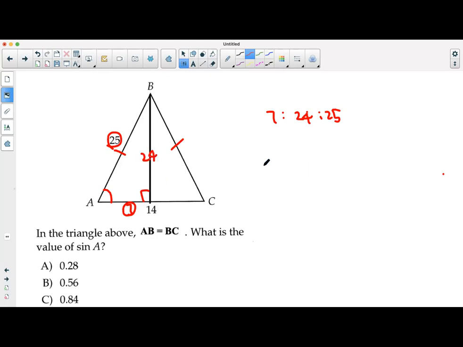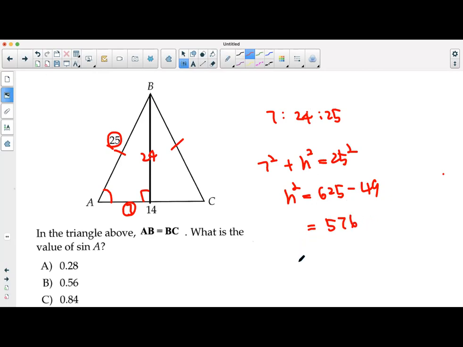What if you didn't know? Then you would have done 7 squared plus h squared is equal to 25 squared. That's what we would have done. And we get h squared equal to what? 625 minus 49, because 7 squared. Then what is that equal to? 576, I believe.